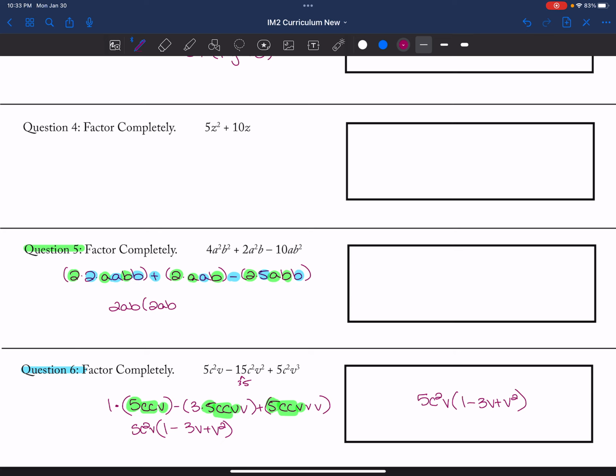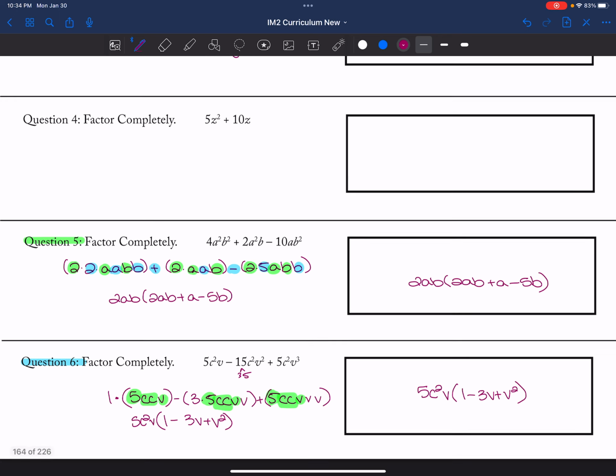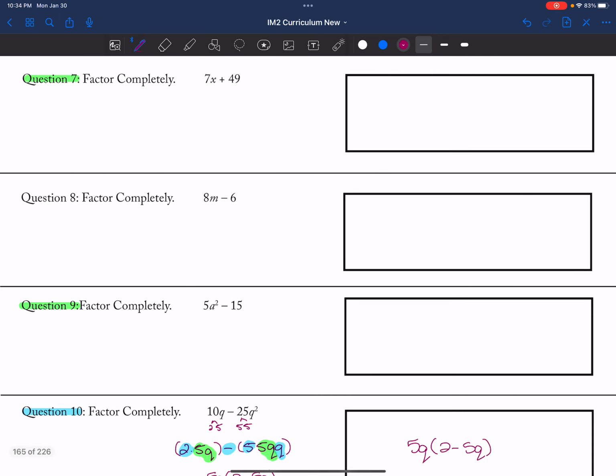Is that right? Yes. And then plus a, and then minus 5b. So this is 2ab times 2ab plus a minus 5b.